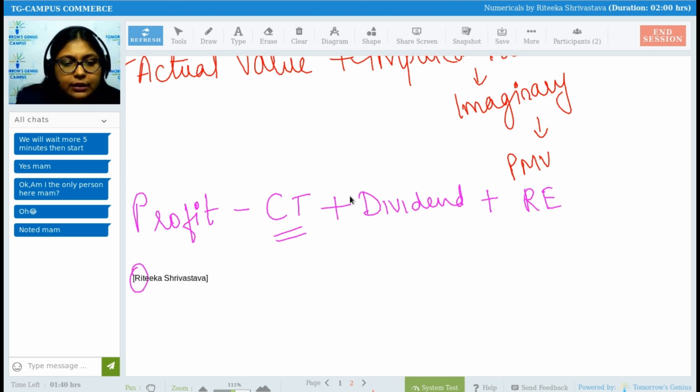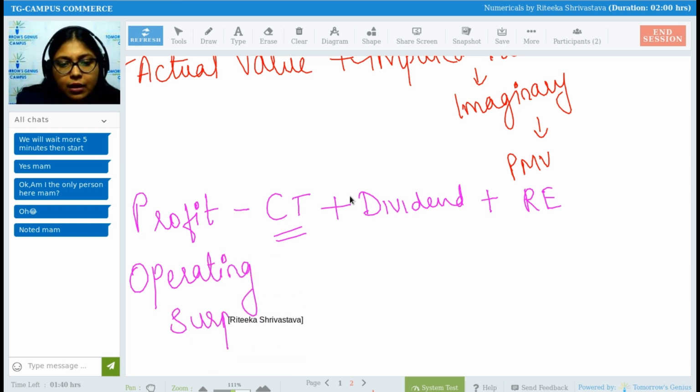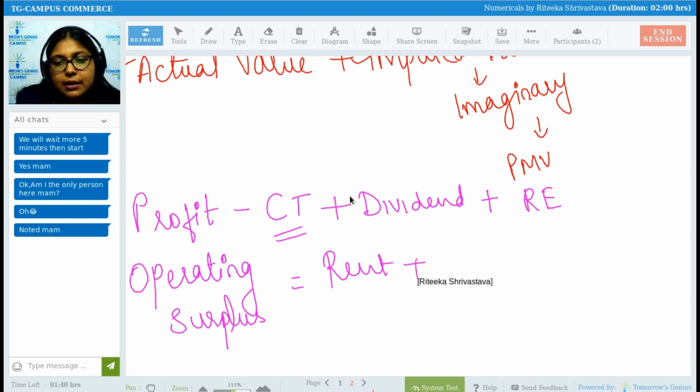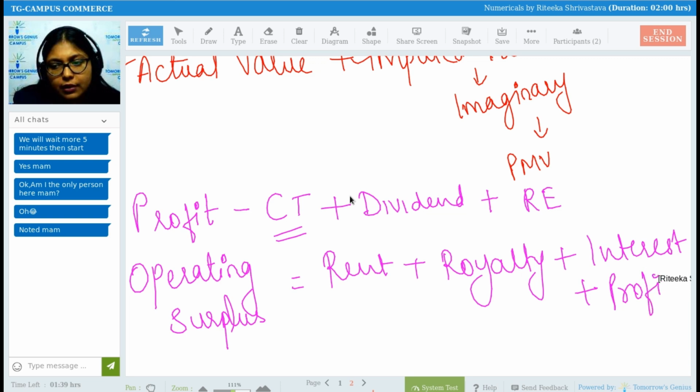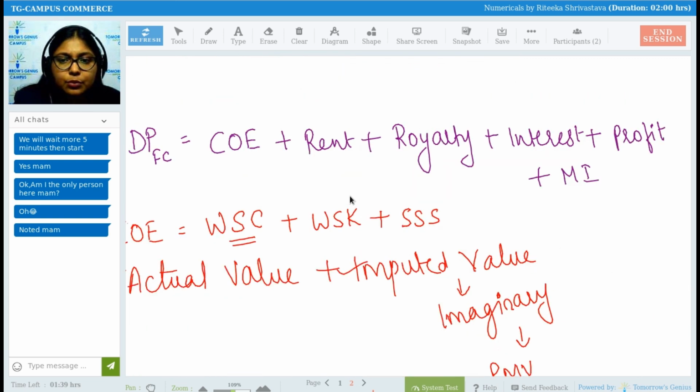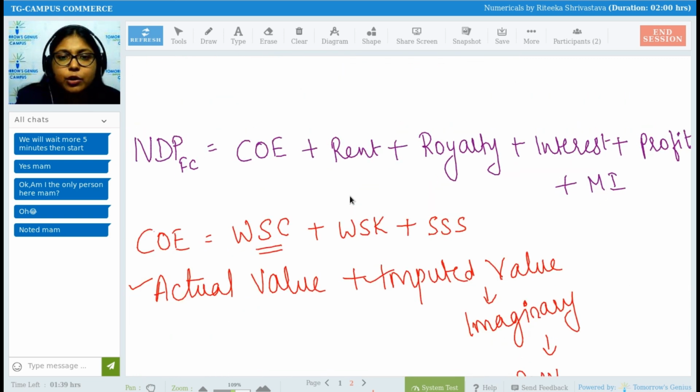Okay. Then one another term that comes into the picture is operating surplus. Operating surplus means nothing but rent plus royalty plus interest plus profit. That means when you do the formula, it is from the formula itself.